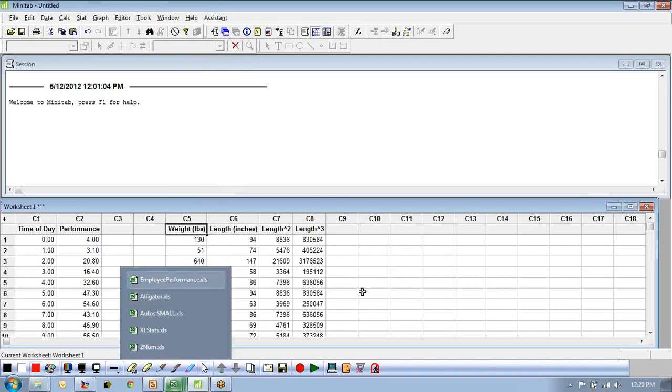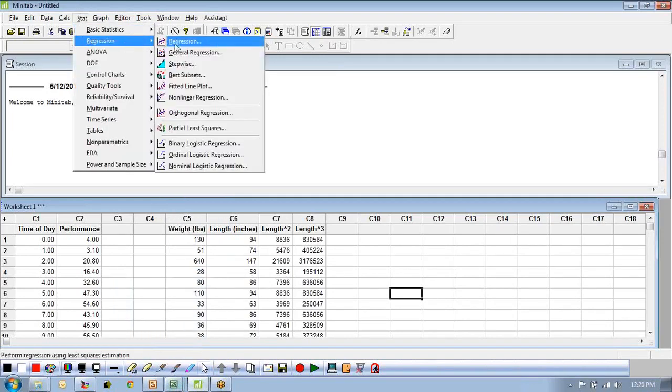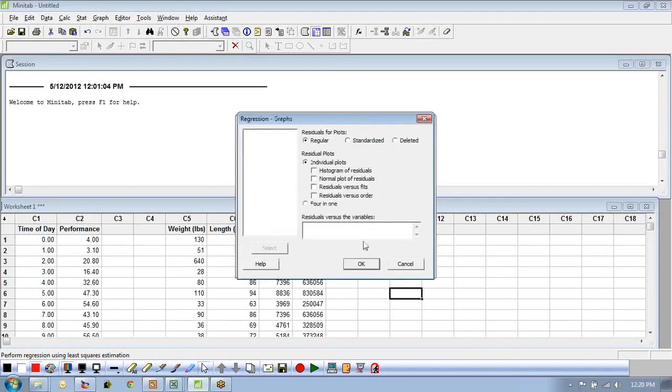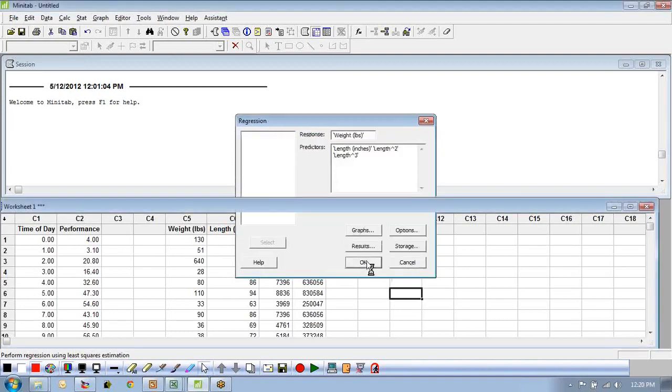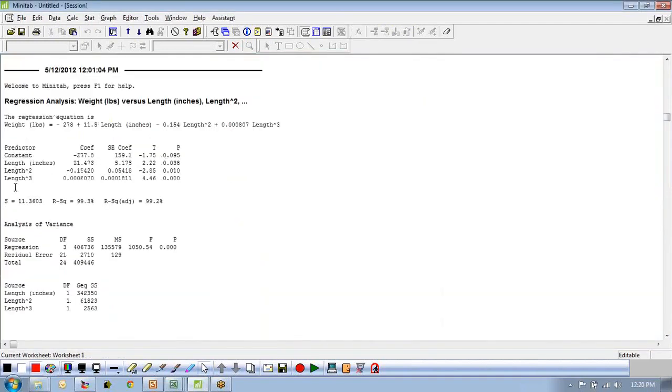So that was to use multiple regression: Stat, Regression, Regression, and then we'll do weight by length, length squared, length cubed, and just let it rip. And we'll be able to see the p-values right there. And there it gives us our r squared, and it gives us our equation.